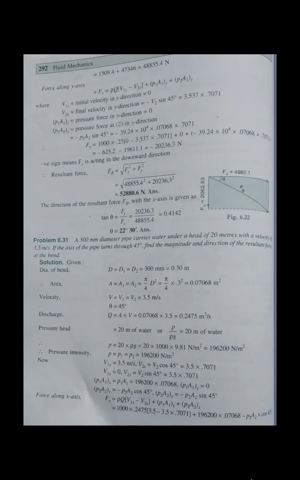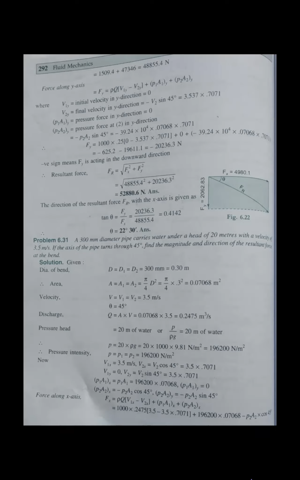Instead, write the equations on your own: the net force acting in the x direction is equal to the rate of change of momentum in the x direction. Similarly, the net force acting in the positive y direction equals the rate of change of momentum in the y direction.